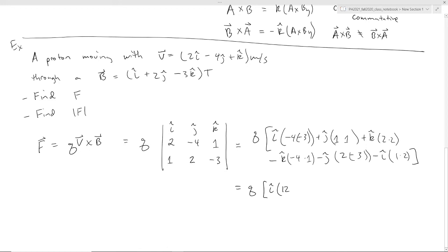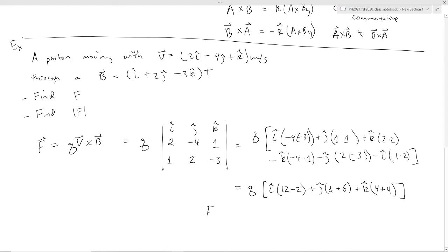There's also an i hat down here, -2, plus j hat times 1. And we also have a factor of minus -6, so this would become +6. And we also have k hat times 4 plus 4.